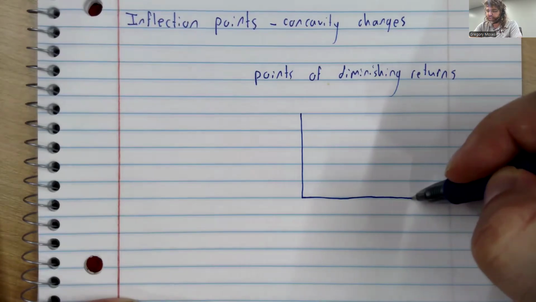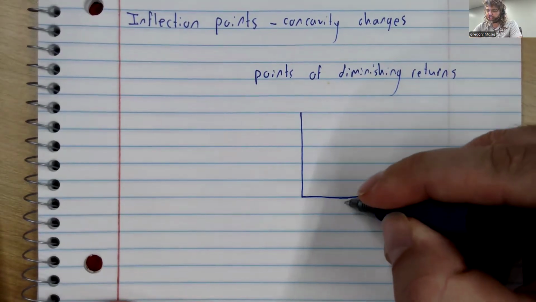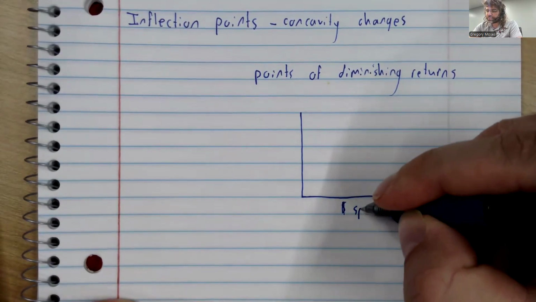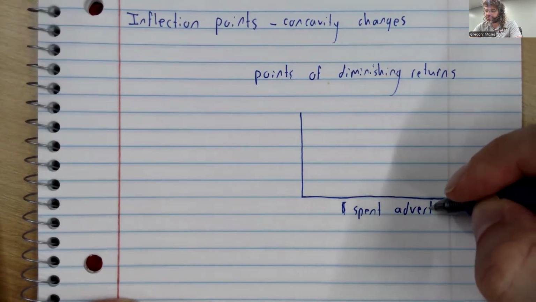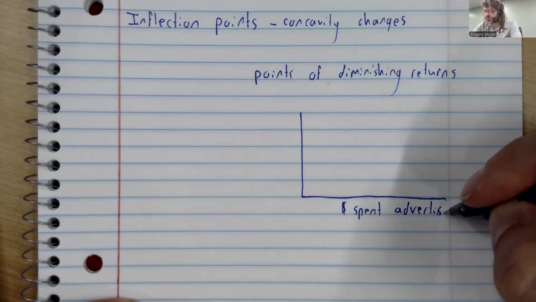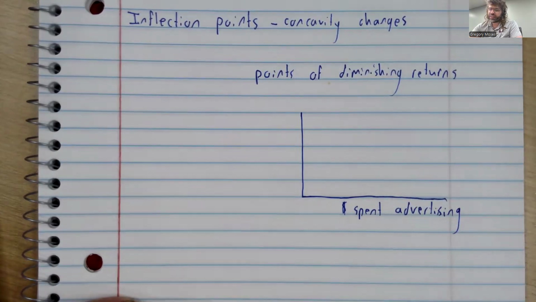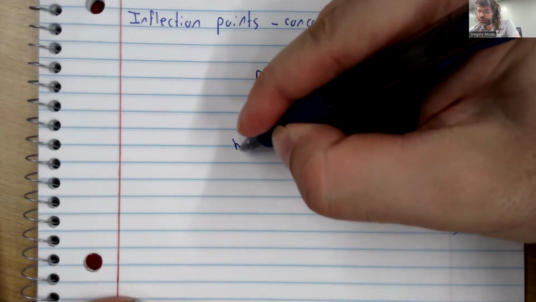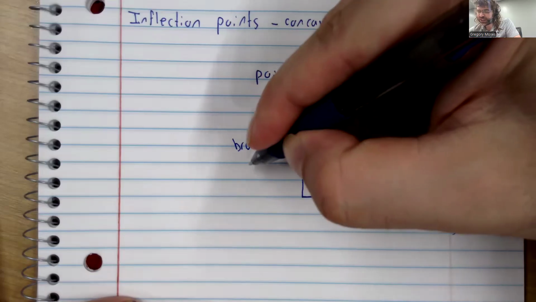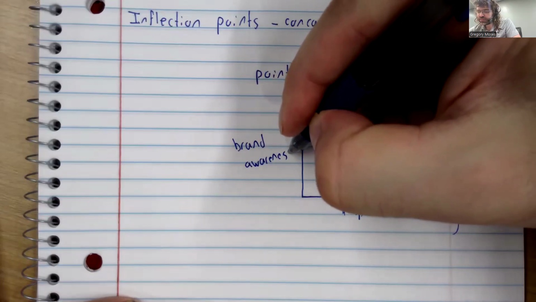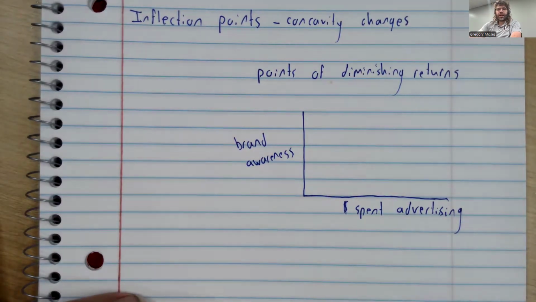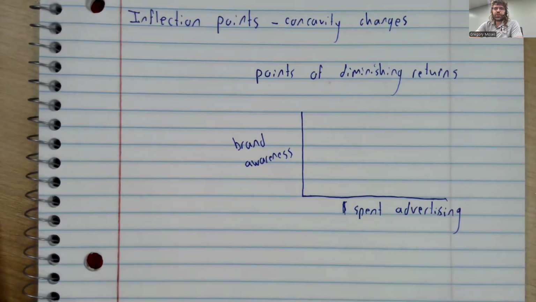idealized, but you could look at dollars spent in advertising versus some measure of brand awareness. And you might expect a graph that looks very similar to the disease graph.